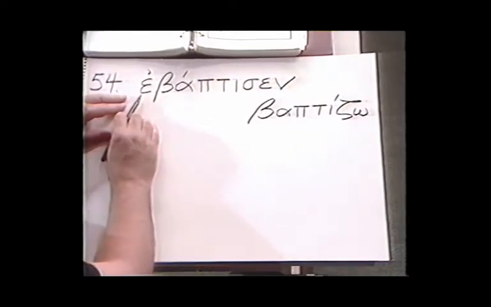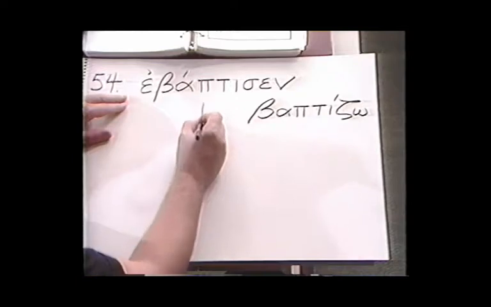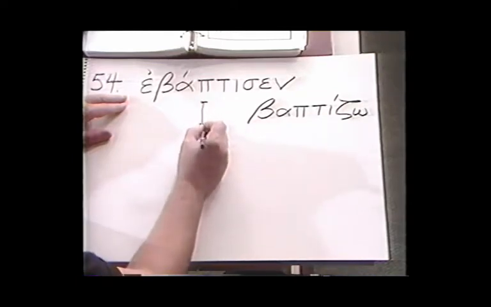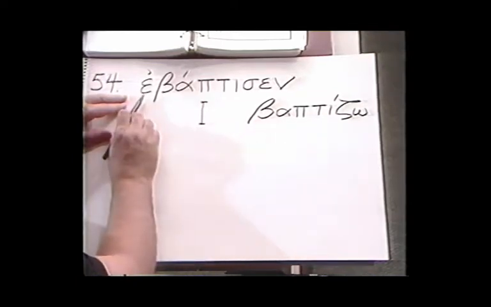And if there is an augment, then we're dealing with the indicative. Why? Because the augment shows past time, and only in the indicative is time an element. That also limits us to one of three tenses which can show past time: the imperfect, the aorist, or the pluperfect. Forget about pluperfect for the time being.